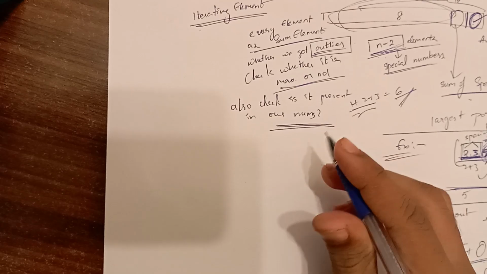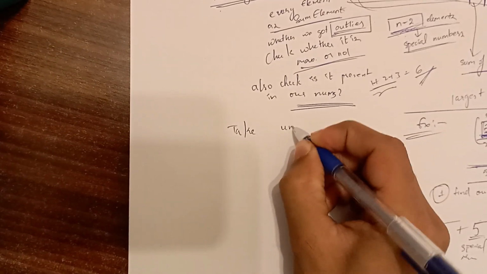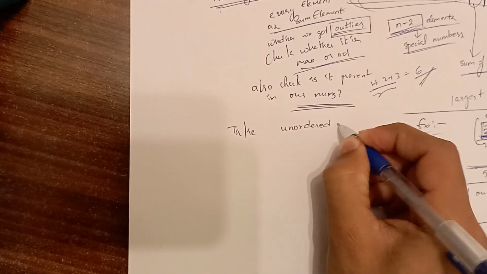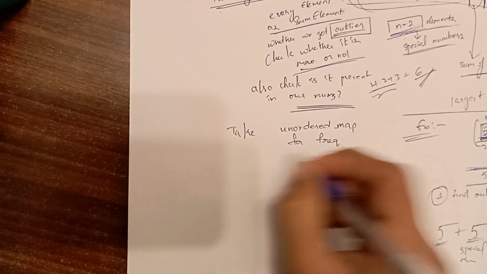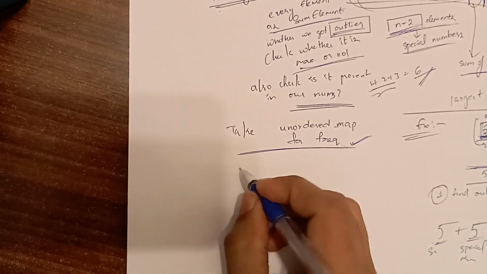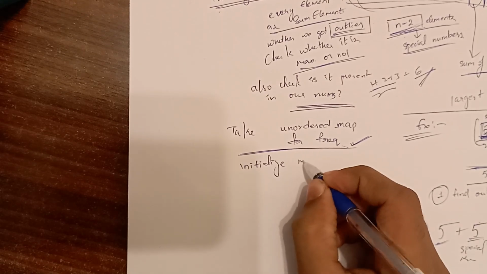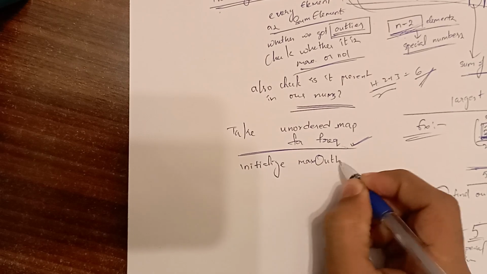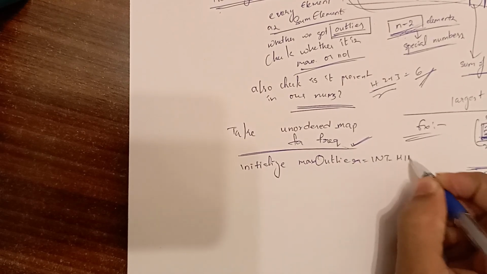So here the approach will be to take an unordered map for frequency. Take this initially and initialize the maximum outlier as int min.